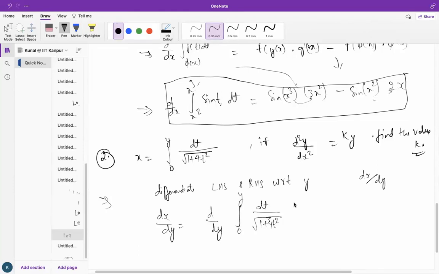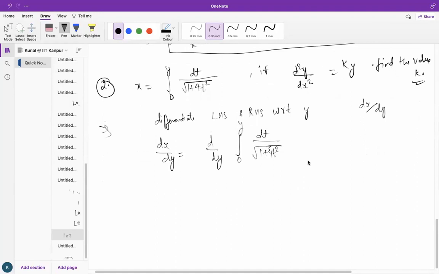Okay, so now this form is perfectly suitable to apply the NLF. So let's apply NLF here. So what we get? We get dx by dy is equal to, when we are applying NLF here. So I hope you can directly do it.